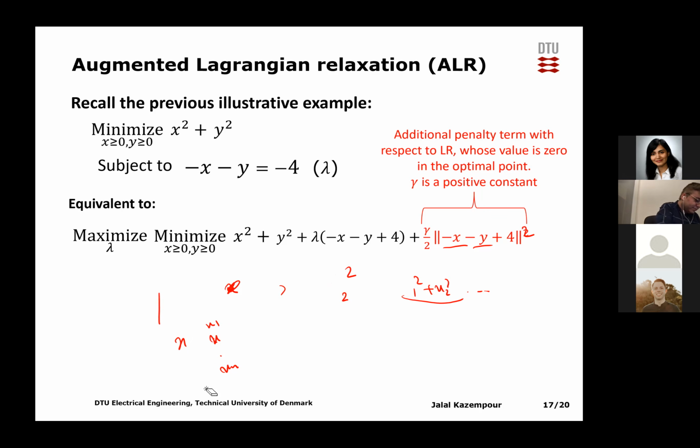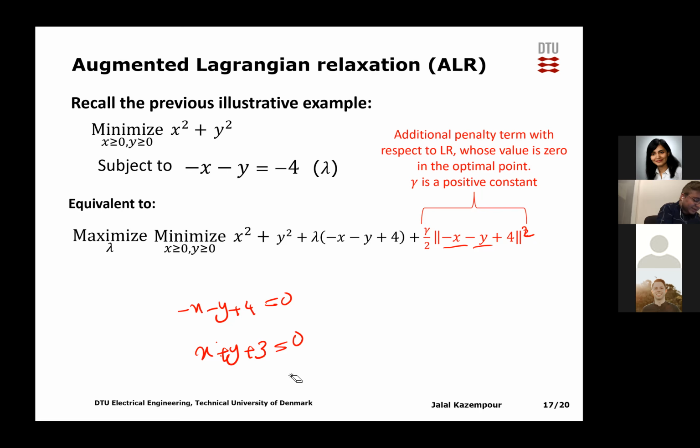For example, let's say you have two complicating constraints, like here minus x minus y plus 4 is equal to 0. And also you have another equality. Let's say x plus y plus 3 is equal to 0. Not something like this, but yeah. Then you need to add two of them.